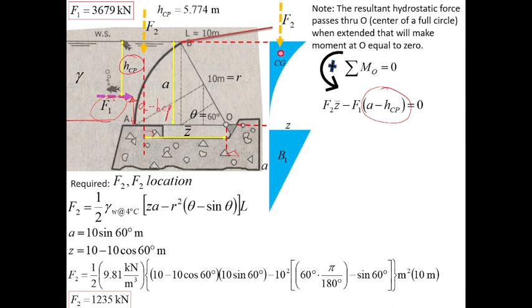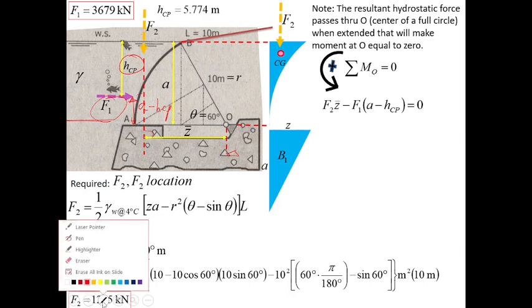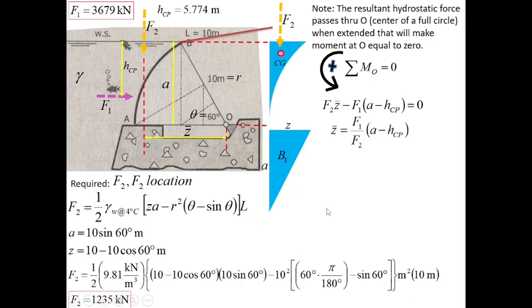So F1 times A minus HCP, yun ang moment at O. F2 Z-bar minus F1 times quantity A minus HCP is equal to 0. So we have now Z-bar equals, pwede natin i-transpose sa kabila, F1 times A minus HCP all over F2.